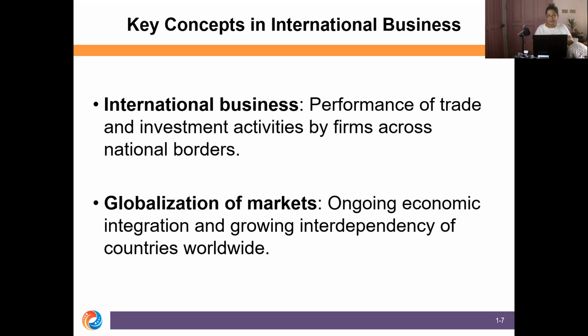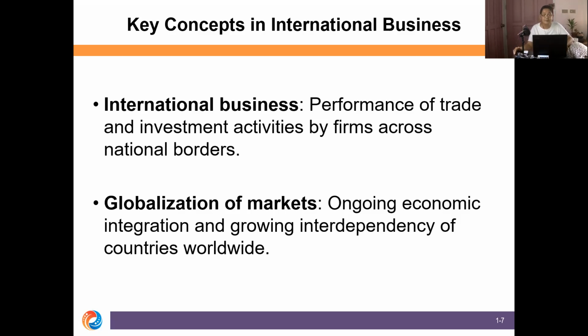If your business goes beyond the Philippines, supposing you have a business here in the Philippines, and then you expand outside the Philippines, then you're doing international business, because as per definition, it is the performance of trade and business investment activities across national borders.